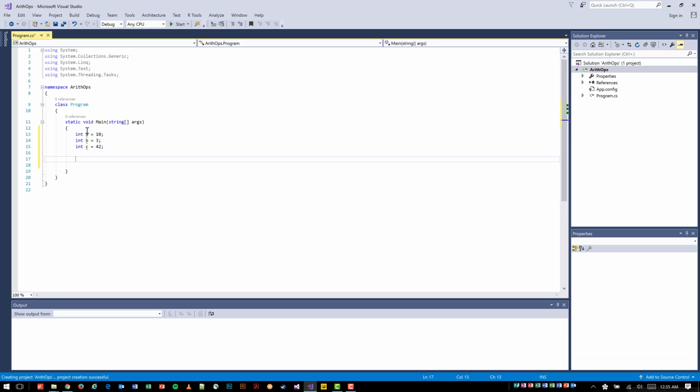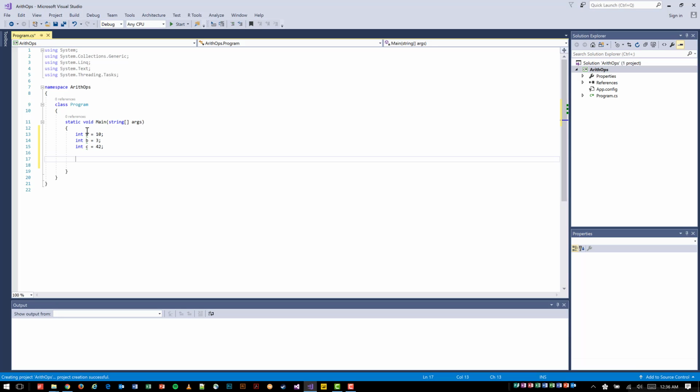Now, in order to perform operations, just like in math, we use operators. If you want to add, you use a plus sign. Subtract, the minus sign. To multiply, you use an asterisk. To divide, you use a forward slash. And to perform modulo, you use a percentage sign. To review, that's the remainder instead of a normal division process.